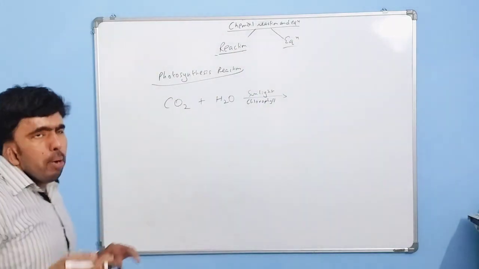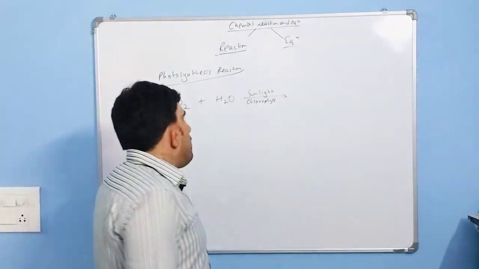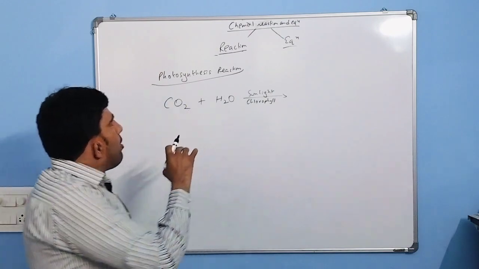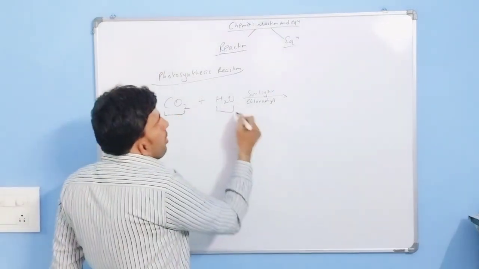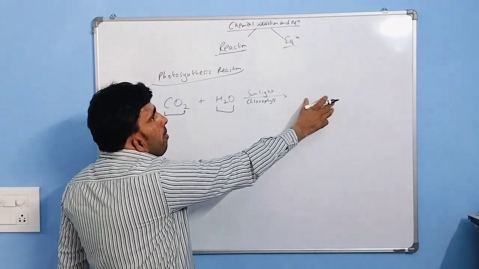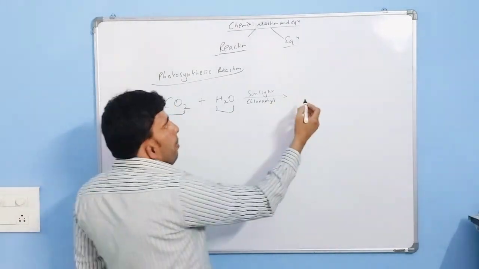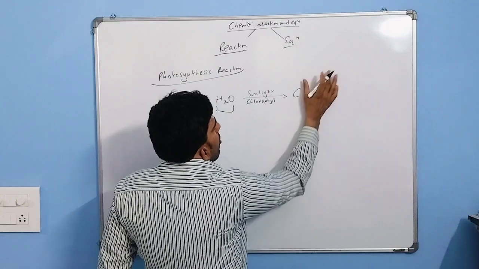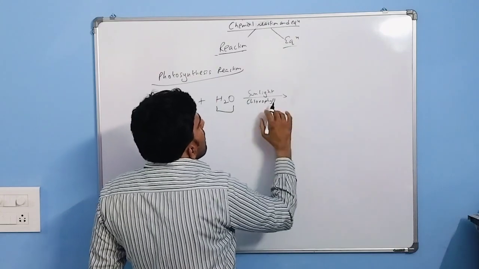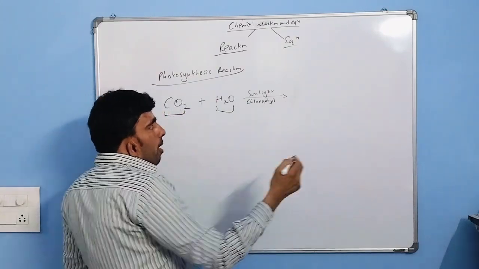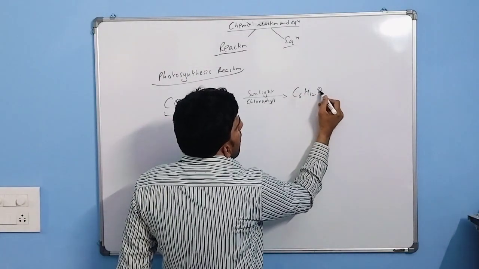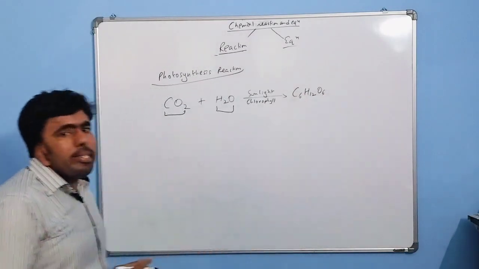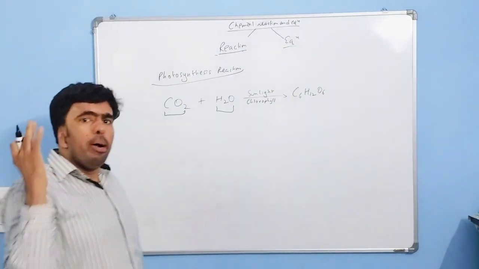That is why we say plants are green in color. Now what will be the product? In the presence of chlorophyll and sunlight, what I get is food, in the form of glucose, or we can say carbohydrate.